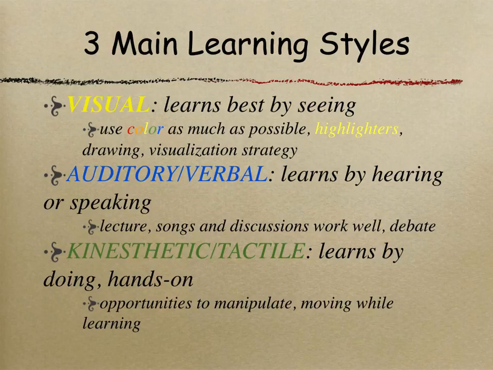In my room, students use highlighter tape to highlight certain pieces of the text that they want to remember or can connect to, or parts that were confusing for them. My anchor charts are in color. When I do a shared writing of our argument papers, I do it in two different colors to show the different parts of our essay, to show the introduction, the body paragraph, the conclusion.